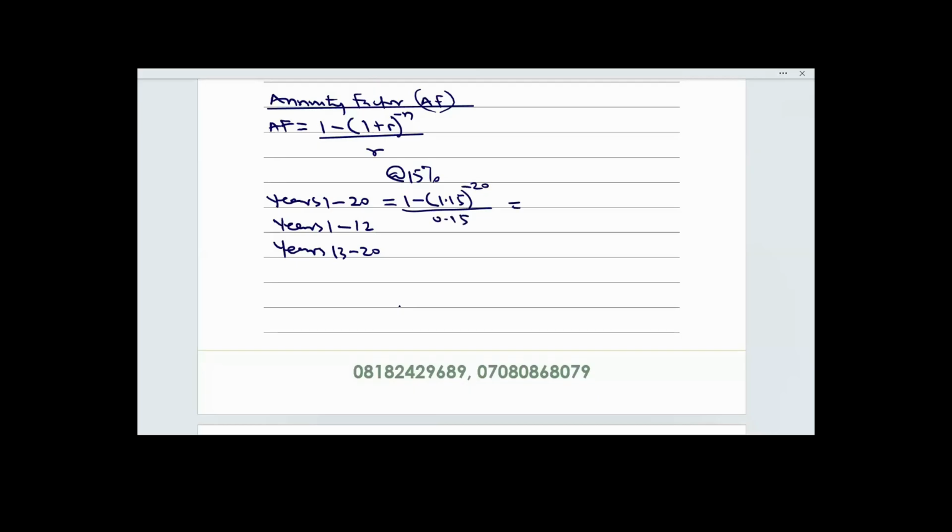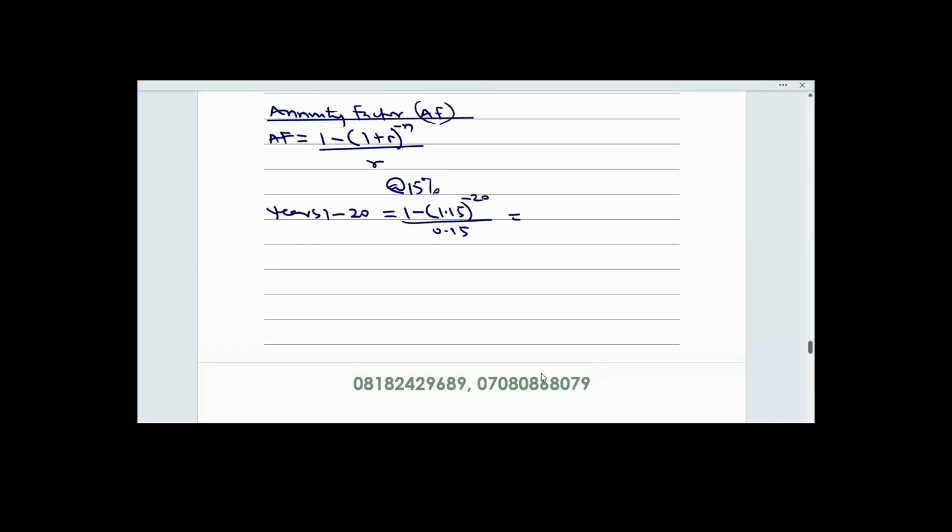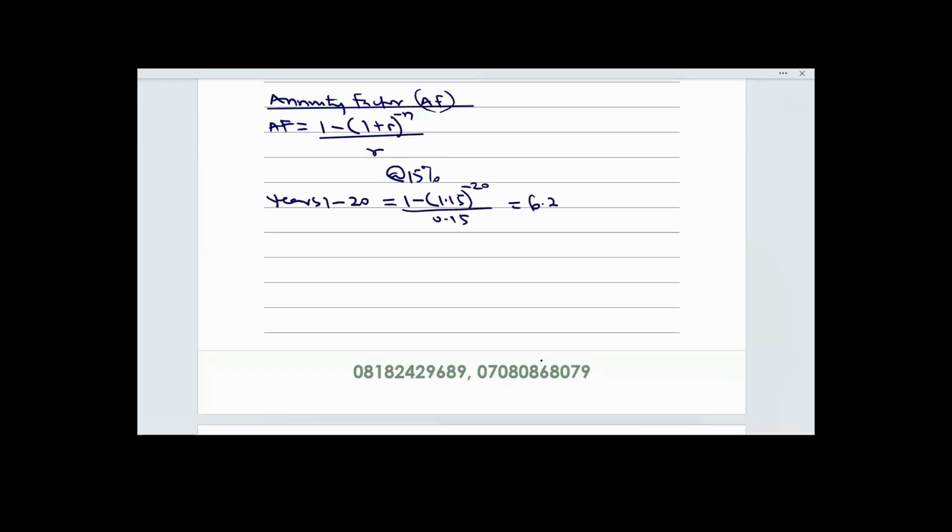So what do you have there? 6.259. Then I need to calculate annuity factor of years 1 to 12. So that will be 1 minus 1.15 raised to power minus 12 divided by 0.15.